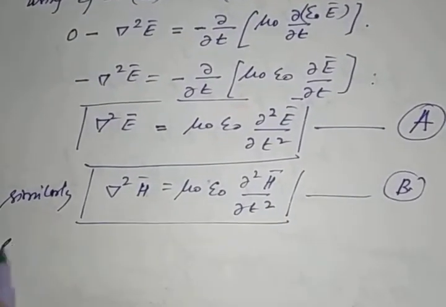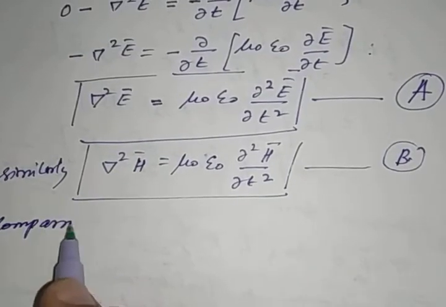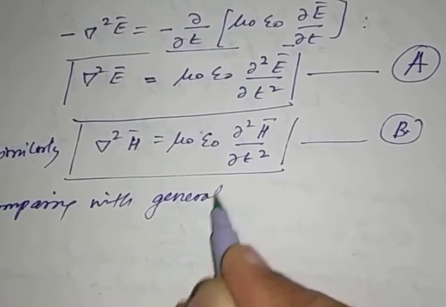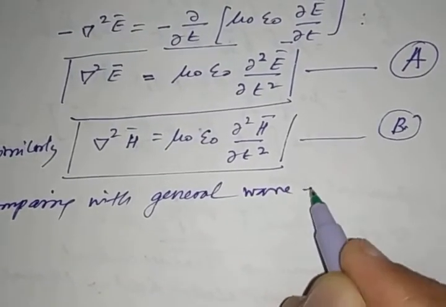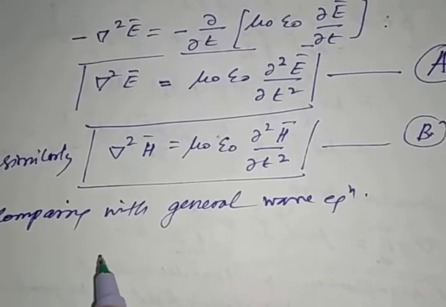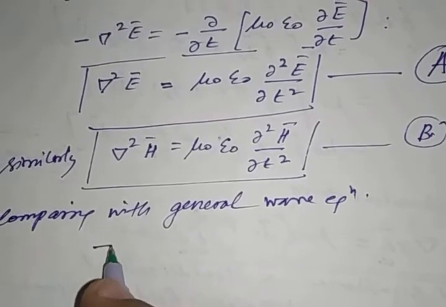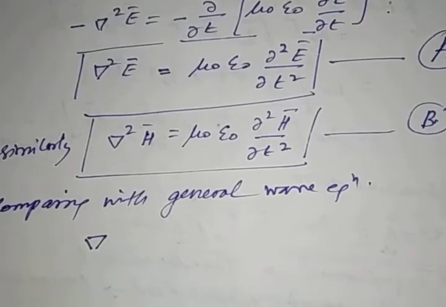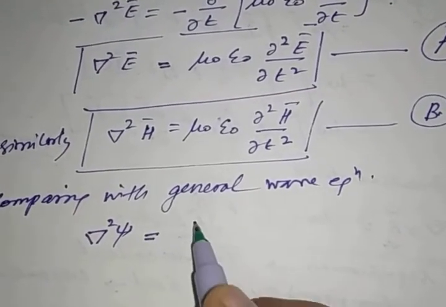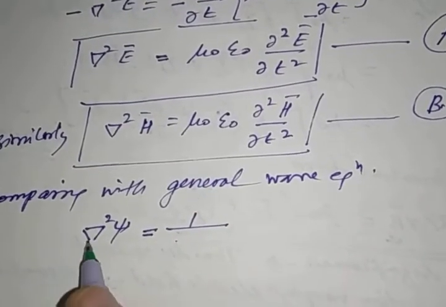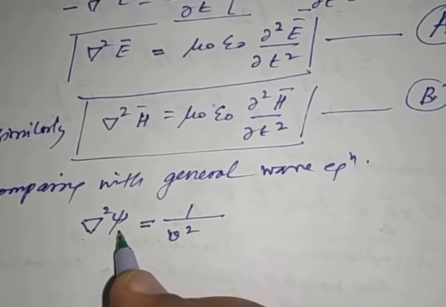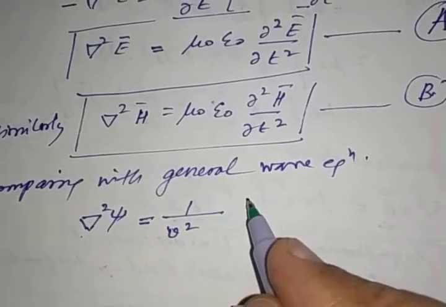So if we compare with the general wave equation. What is the general wave equation? The general wave equation says that if any wave function psi is there, then for that wave function del 2 psi is equal to 1 by v square del 2 psi by del t square.